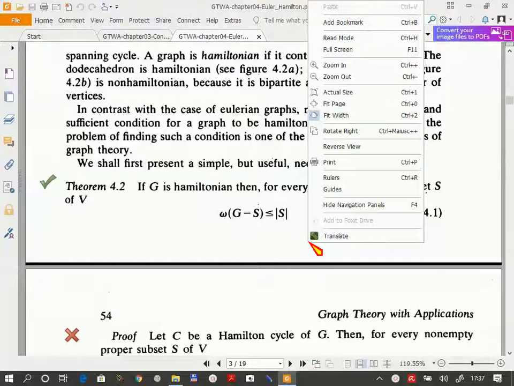I explain this because, as a mathematical method and not just graph theory, it's very important to know that we can count on the counterpositive of an implication.